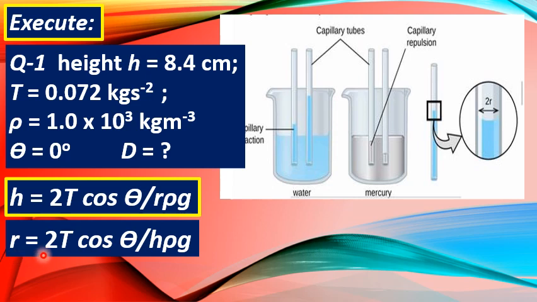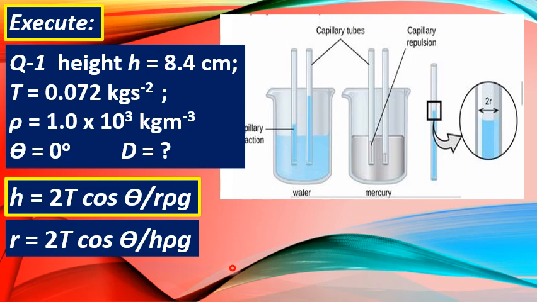Small r is just equal to twice the surface tension of water multiplied by the cosine of the contact angle theta, and then divide this by the product of the height of the water inside the capillary tube times the density of water and acceleration due to gravity.